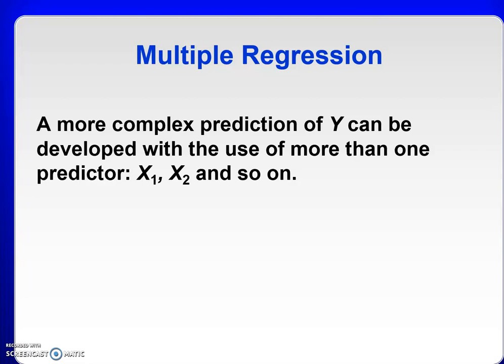We can also use multiple regression, and as we mentioned before, this is a more complex prediction of y, and we're predicting y based on more than one predictor of x. So we could have x1, x2, we could go on x3, x4, but it's considered a multiple regression because we're making a prediction on y based on more than one variable x.